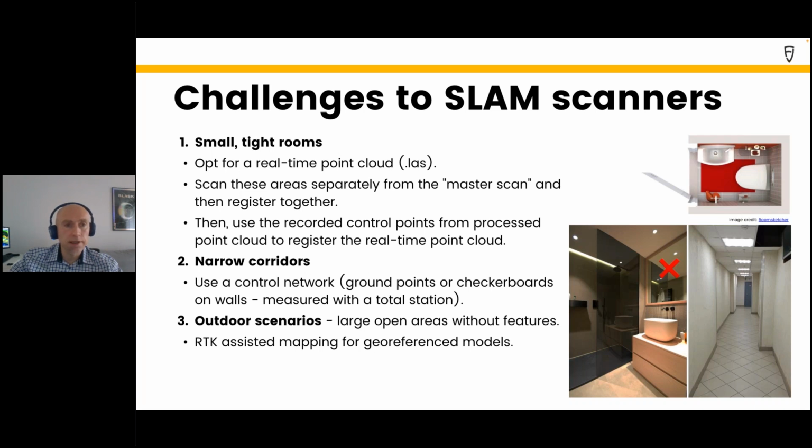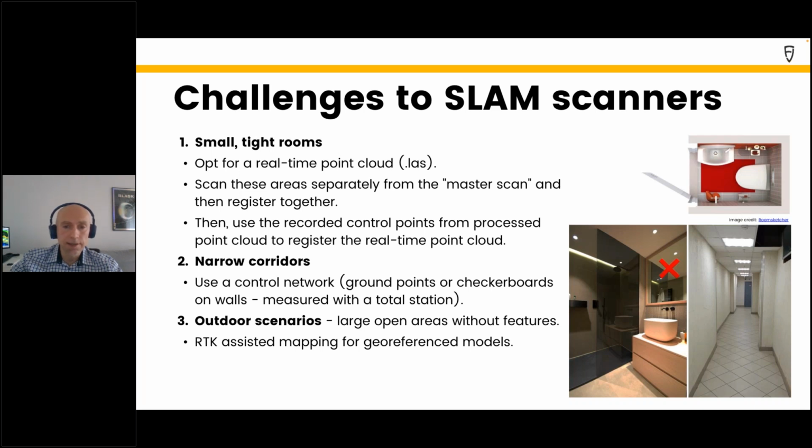Please scan these areas separately from your master scan, like a corridor or big room, and then register together. You can even use control points. This is the Trion scan function. Control points from the processed point cloud, which in fact could be bad and misaligned, to register the real-time point cloud with your master point cloud, your master scan.